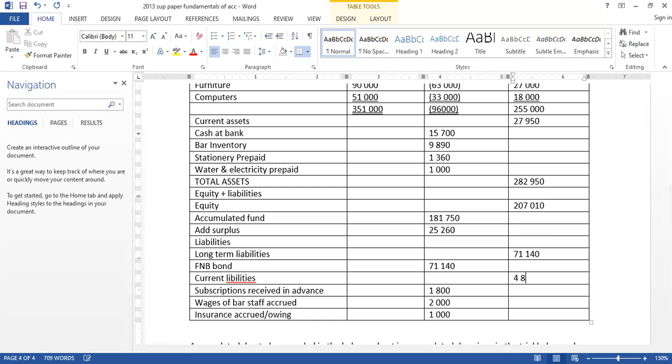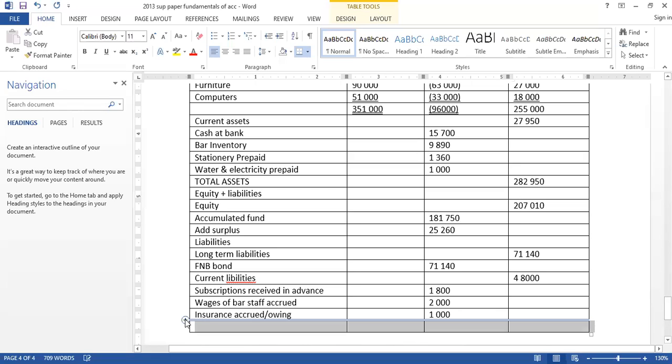And I just hope it will balance. Okay, so let's try balancing off our equity plus liabilities. We get our total equity plus liabilities, which should be the same as your total assets.